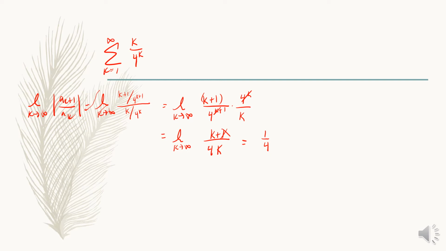So 1/4 is less than 1. What does that mean in terms of converging and diverging? If the ratio is less than 1, that means that it converges. So I looked at the ratio, simplified it down as much as I could, and that gave me that it converges.